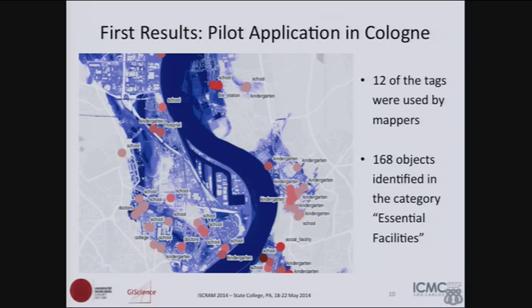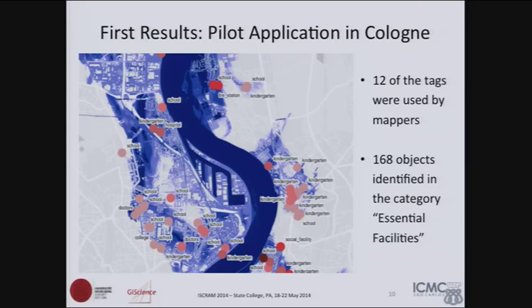And this led us to 168 objects identified for this category of essential facilities. And here you can see this pictorial representation, the hazard map with the different colors meaning the different hazard zones or the probabilities of flood, and the different types of elements at risk that we found.